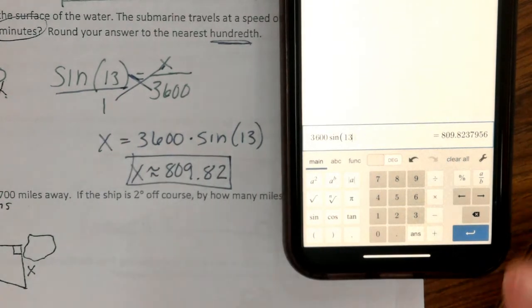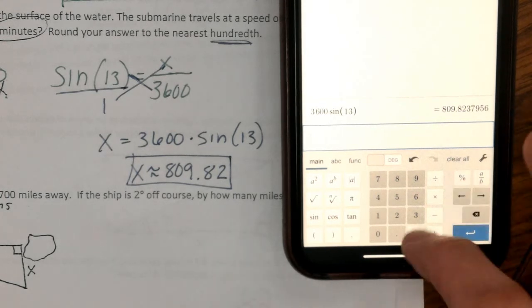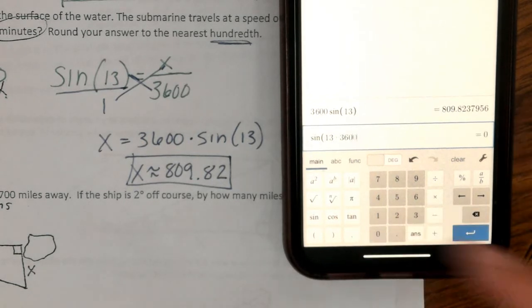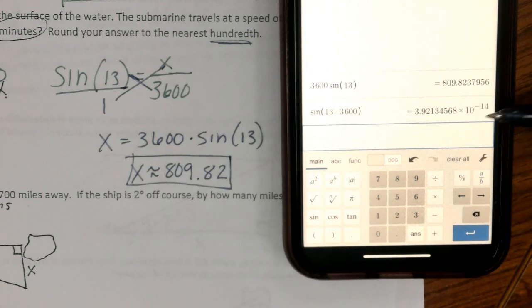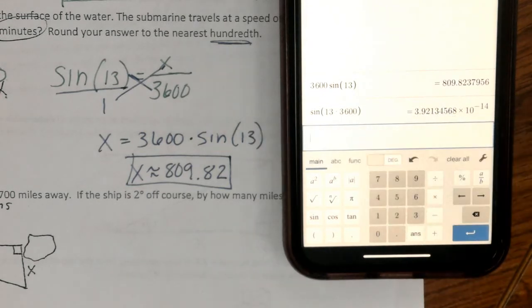Okay? If we do not put the number first, and I already saw this numerous times today, if we do sine of 13 first, and then we're in a hurry and we go times 3,600, look at the difference in those. What we have, the negative 14, means we have to move this decimal 14 times to the left, giving us 0.13 zeros, and then this number.